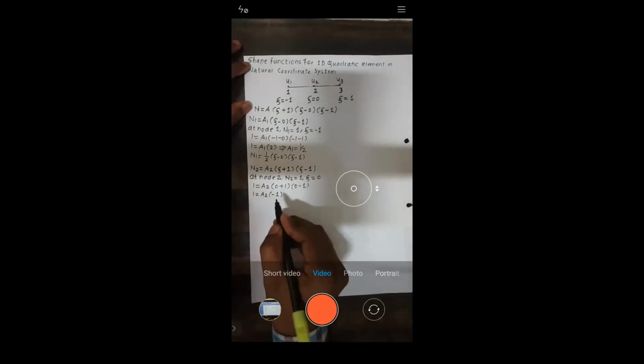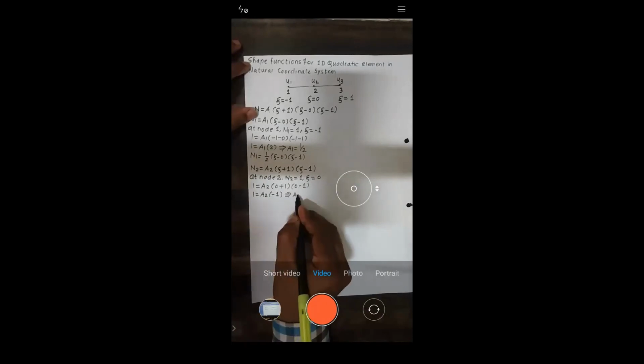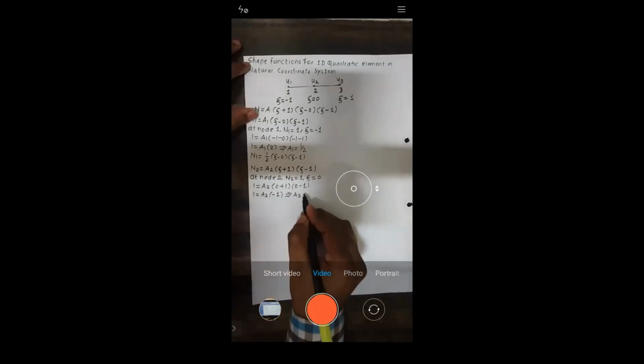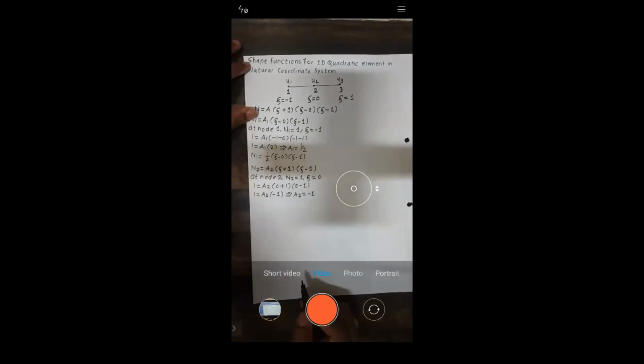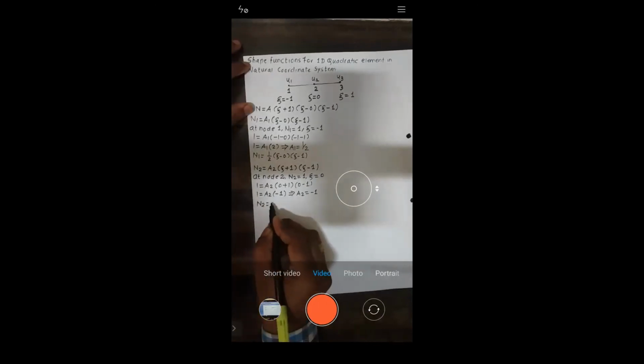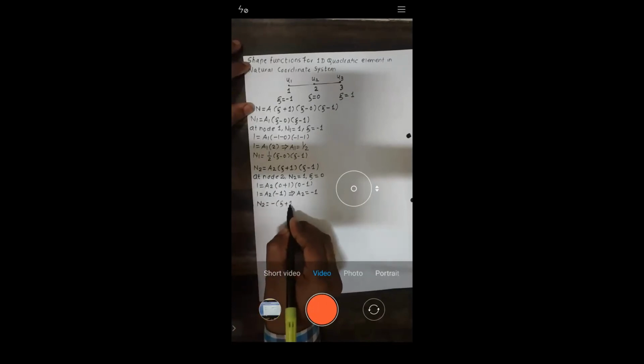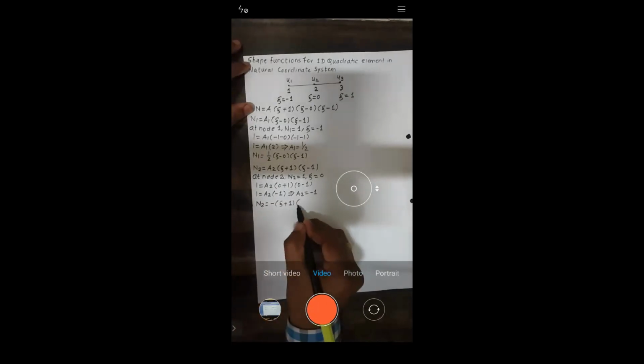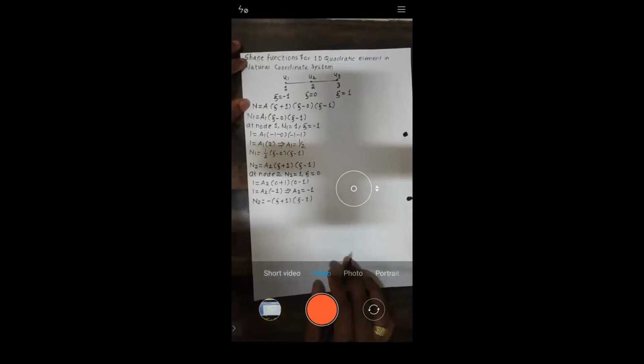From this, you can calculate the value of A2 as minus 1. So if you put this value in the equation of N2, you'll get N2 is equal to minus 1, (zeta plus 1) and (zeta minus 1). Yes or no? Yes, sir.